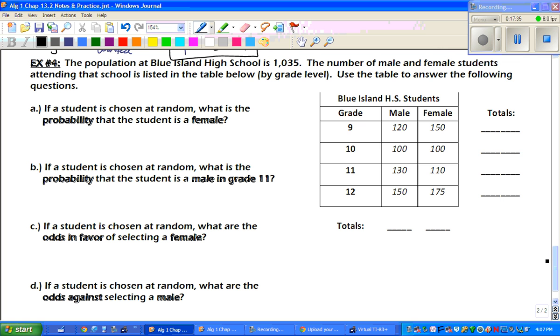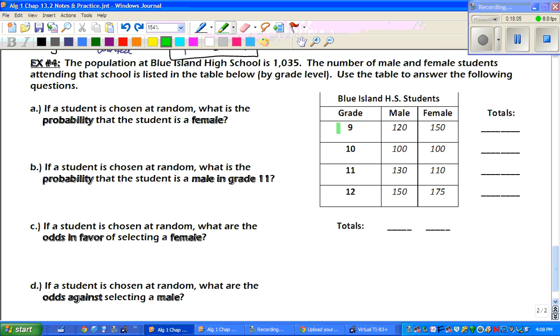Alright, let's look at example number 4. Number 4 says the population of Blue Island High School is 1,035 students. The number of male students attending the school is listed in the table below by grade level. Use the table to answer the following questions. So, let's take a look. Now, a lot of these things have totals on the side and totals on the bottom.